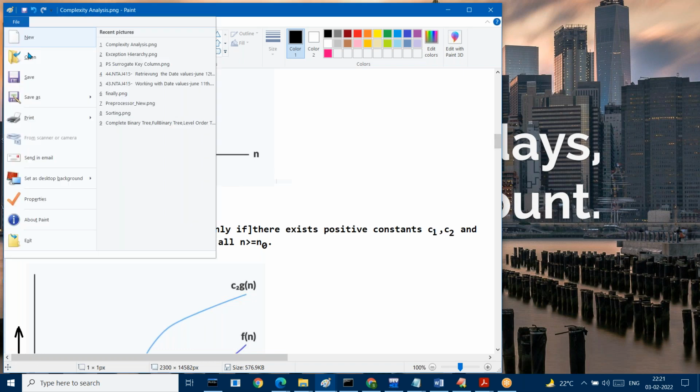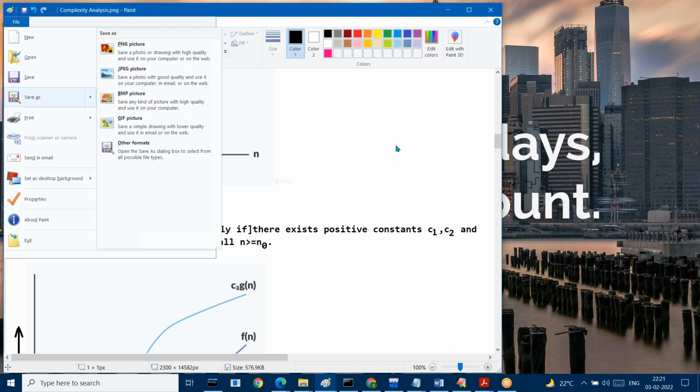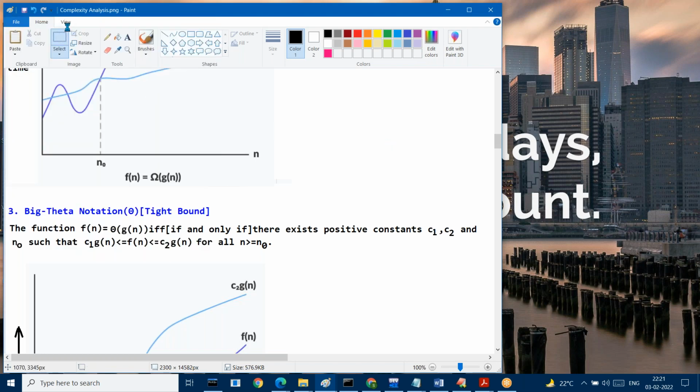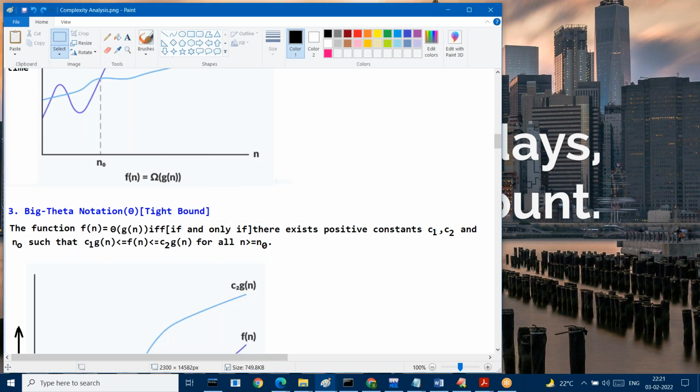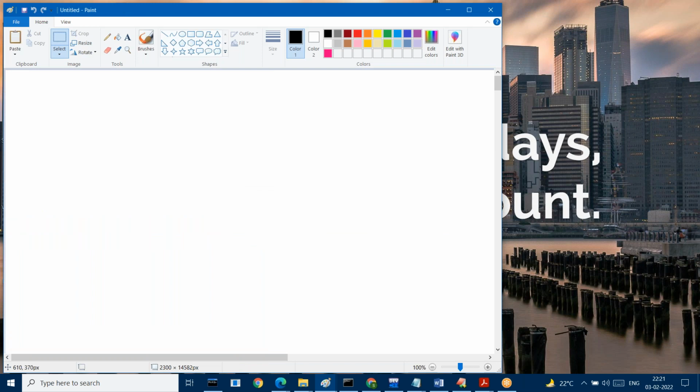File. Save this one first. File, new. Mainly we will first analyze the loops.